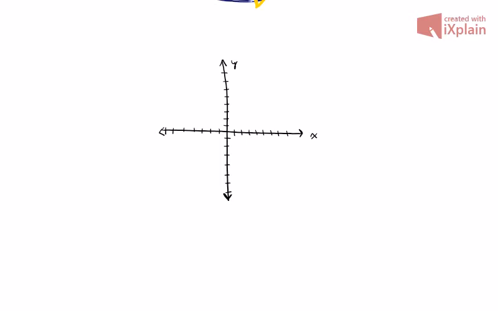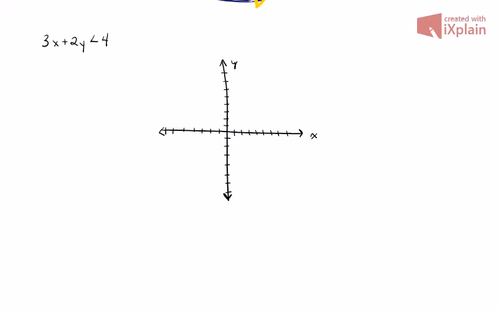Okay, so I'm going to bring down our inequality. Let's go ahead and graph this as if it were an equation. What you might want to do is manipulate that inequality so that it is in slope-intercept form.